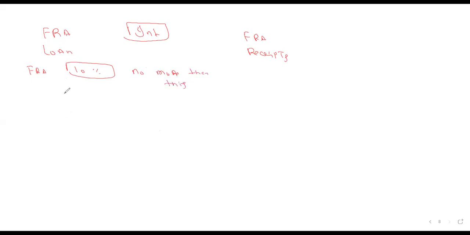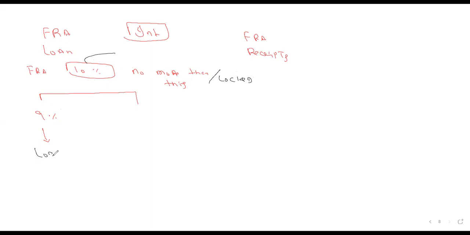Now, in the first scenario, what happens? The market has gone at 9%. The market has gone down, but I have booked my position at 10%. I have locked. So if the market is going down, I cannot enjoy because I have already locked my position at 10%.